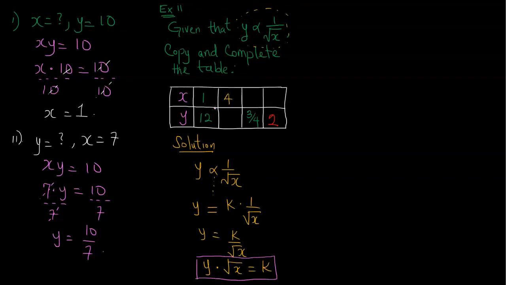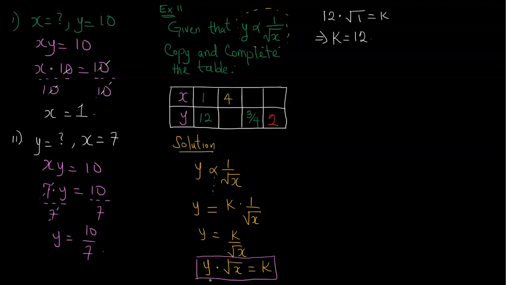And we would see here that the second column is going to be most useful because we've got a value for x and a corresponding value of y. So when x is 1 and y is 12, this equation becomes 12 times the square root of 1 equals k. So the square root of 1 is just 1. So we find that the constant k is equal to 12.